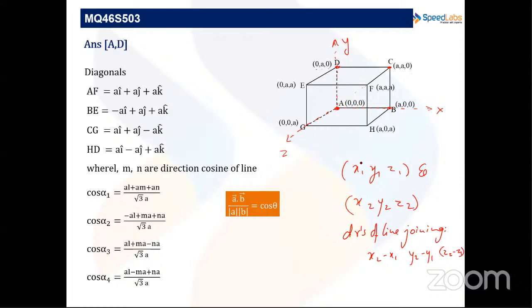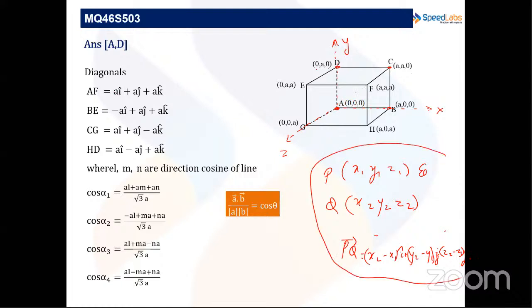Similarly, we can say the vector joining these 2 points is given by (x2 minus x1) i cap plus (y2 minus y1) j cap plus (z2 minus z1) k cap. So using this concept of position vectors, we get the vector AF. It is a i cap plus a j cap plus a k cap.